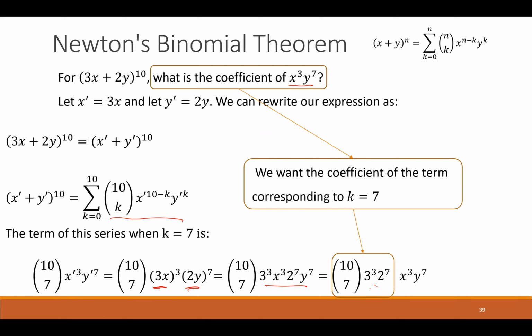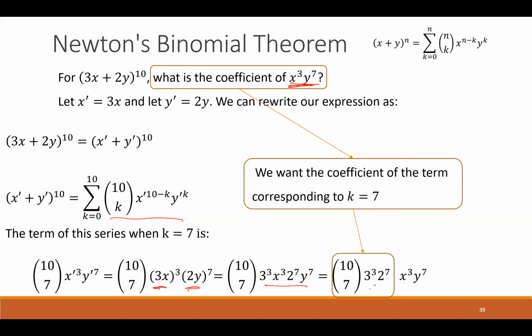Any questions on that? Yep. K equals 3 would also be acceptable? X to the, yeah, if you chose x to the 3, you mean? Well, it has to be y to the power 7, whatever you choose for k.